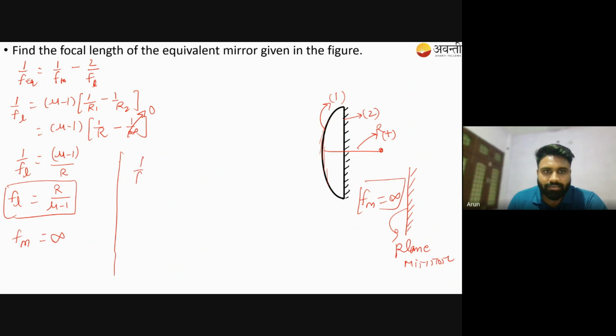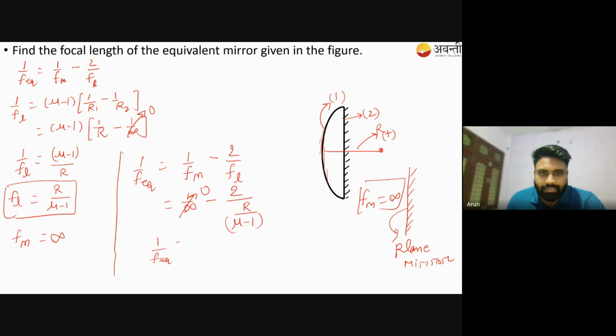Now 1 upon F equivalent here is 1 upon FM minus 2 times 1 upon FL. 1 upon FM here is 1 upon infinity, which is 0. The value of FL is R over (mu minus 1). So 1 upon F equivalent here is minus 2 times (mu minus 1) by R.